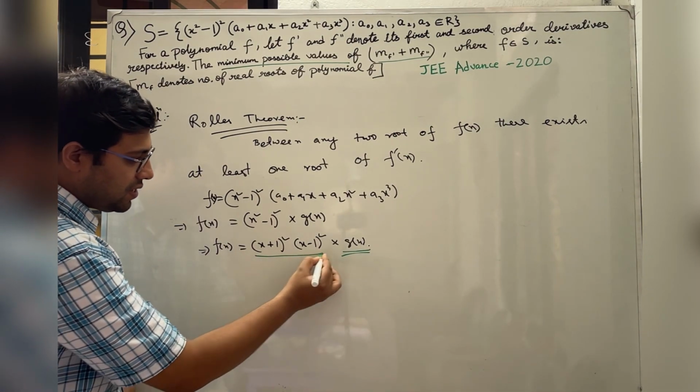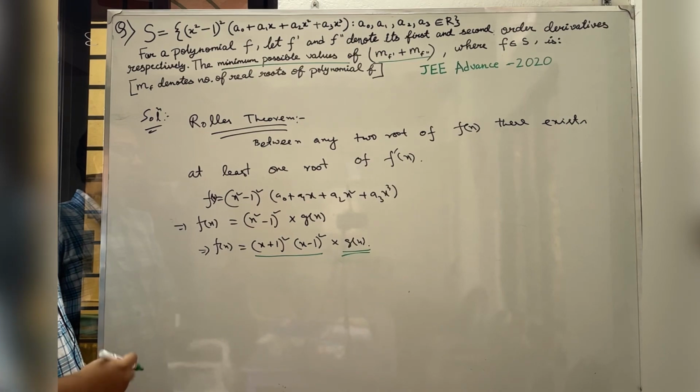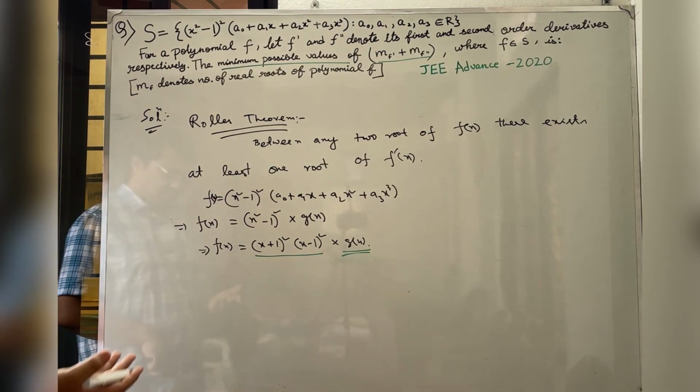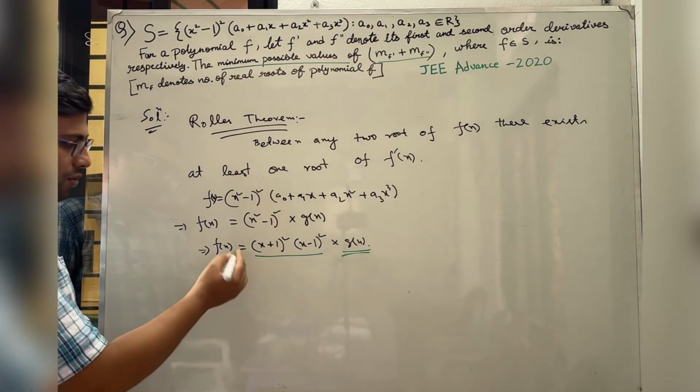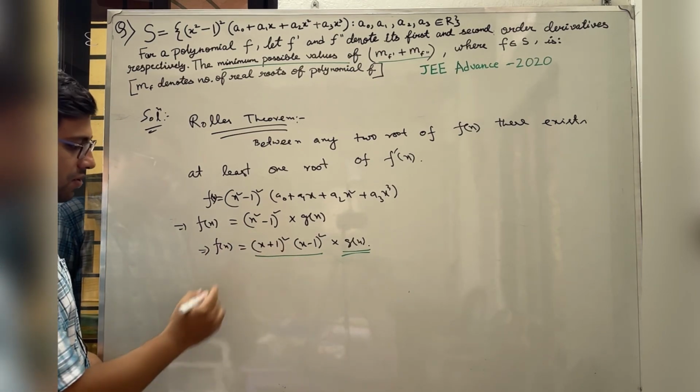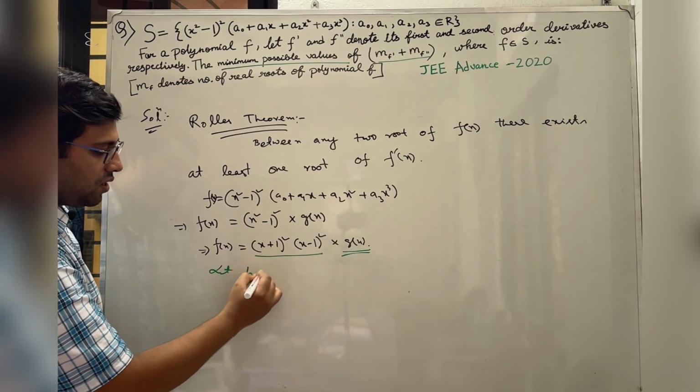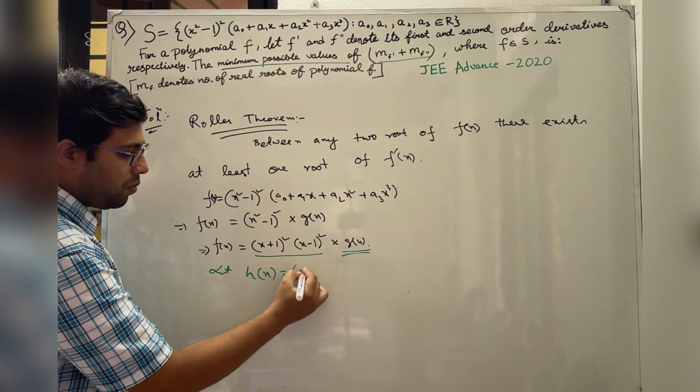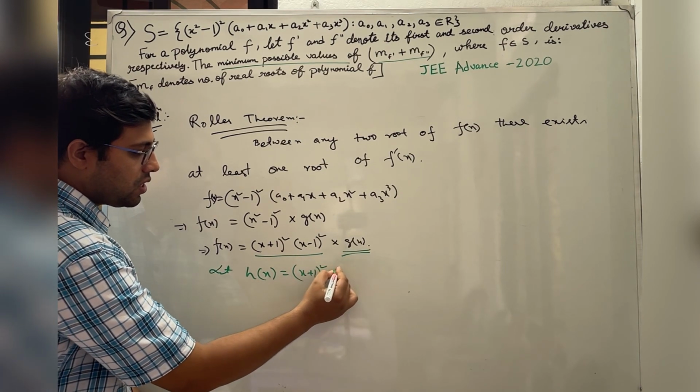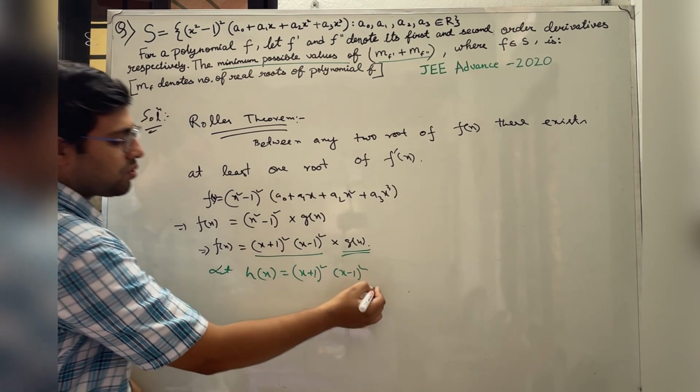Okay. So just let this be h(x), and the roots of h(x) will be the roots of f(x), and we will discuss about the roots of h(x). Okay, so let h(x) equal to (x plus 1) whole square into (x minus 1) whole square.